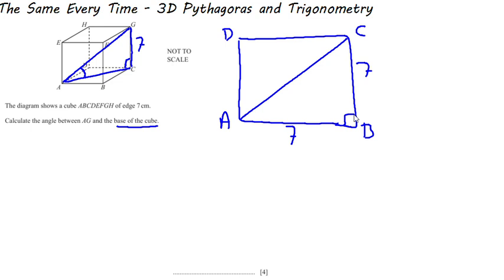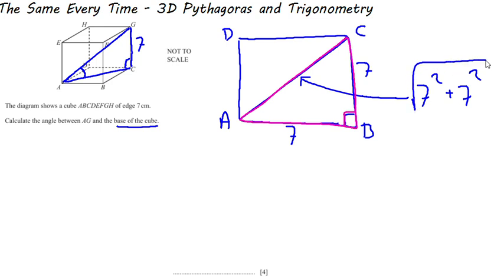And I just want to find the length of that side there. Now, in my right-angled triangle, if I look at this as being half of a square, I'm finding the longest side, the side opposite the right angle. Now, remember how we do this from the Pythagoras theorem videos? Square, square, add, square root.